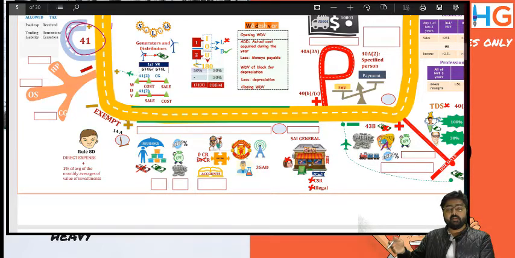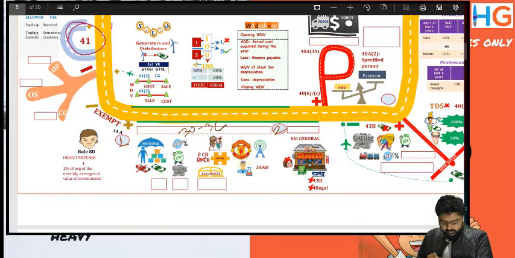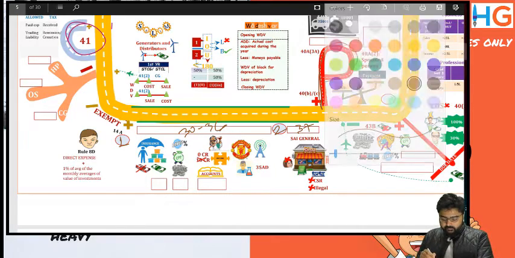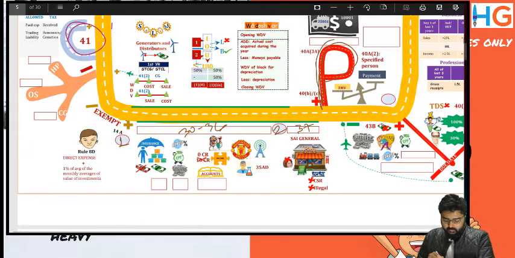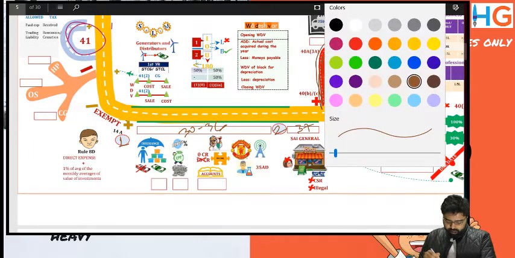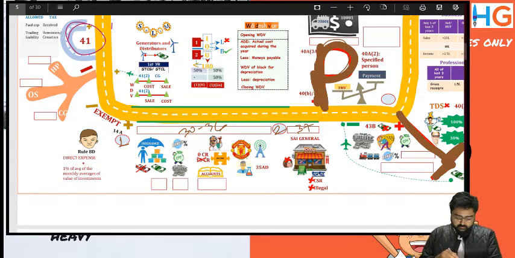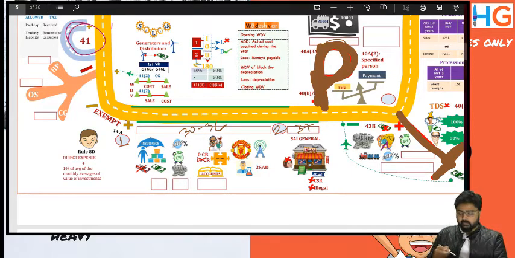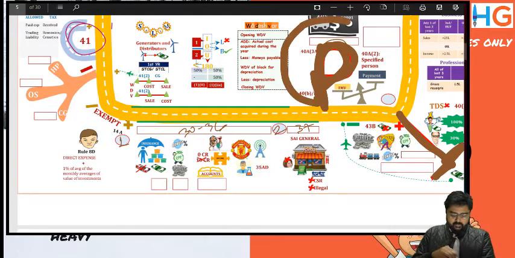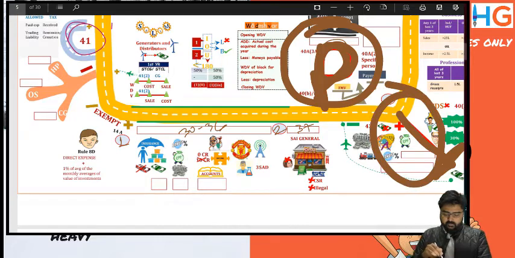Third condition is it should not be permanently or temporarily disallowed. You see the shape? This is P, this is T. These are permanent disallowances, these are temporary disallowances.